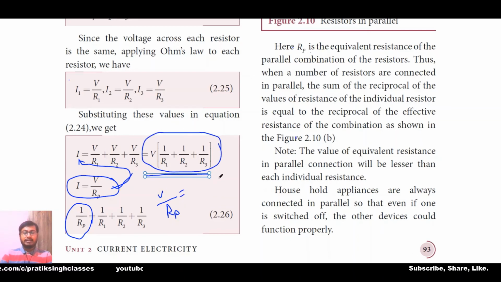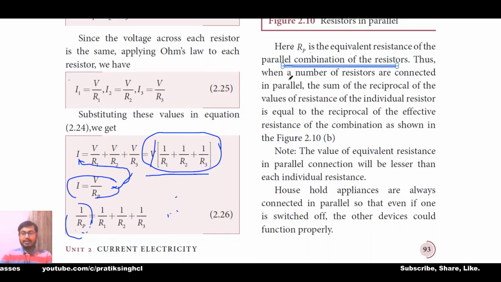So from the left-hand side and right-hand side, V and V will cancel out and we will get 1 by Rp is equal to 1 by R1 plus 1 by R2 plus 1 by R3. Okay, so what does it say here? That means that the equivalent resistance of the parallel combination of resistors is Rp.